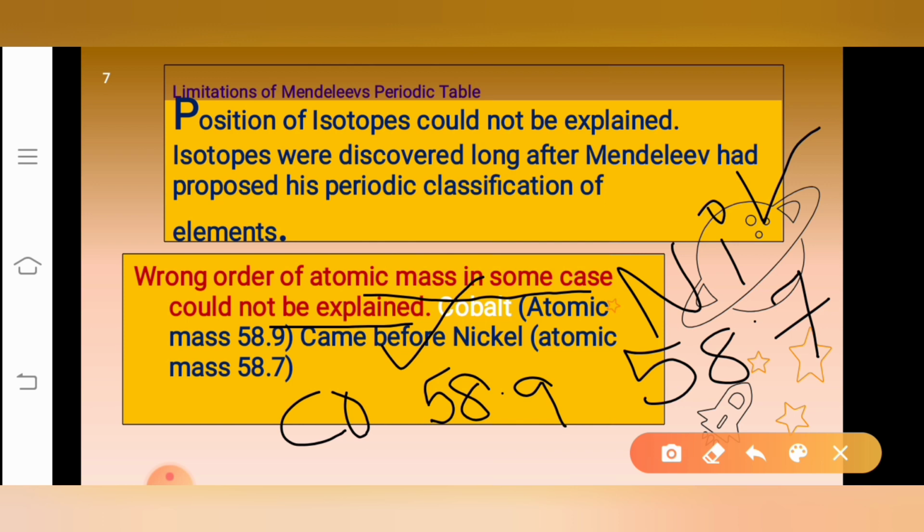Since the atomic mass 58.7 is lesser than 58.9, nickel has to come before the cobalt, right? But cobalt was arranged first and the nickel followed. So this arrangement was wrong because it was not in increasing order. Correct? So this is also one of the limitations.